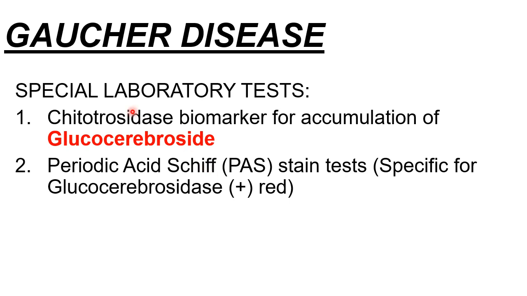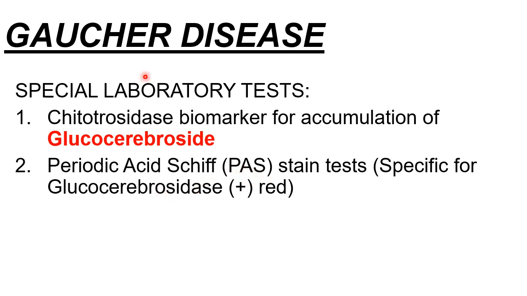And we have special laboratory tests for Gaucher's disease. Number 1, yung ating chitotriosidase is a biomarker for screening for the accumulation of the glucocerebroside. Paki-correct na lang yung ating handout. Dapat glucocerebroside yan. Etong chitotriosidase is for the accumulation of this compound, while the PAS or periodic acid-Schiff is for the enzyme. Okay?